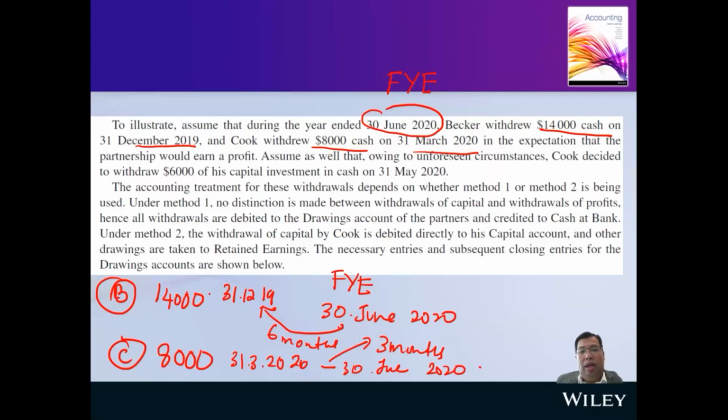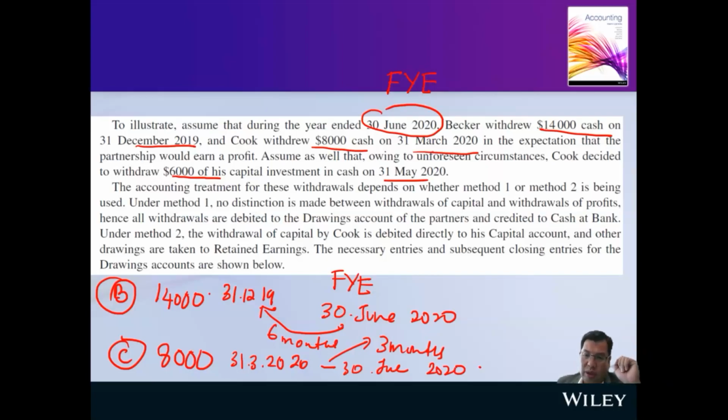Assume as well that owing to unforeseen circumstances, Cook decided to withdraw 6,000 of his capital. He wants to take out his capital in cash on 31st May 2020. So this is a withdrawal of capital of 6,000 by Cook. The accounting treatment depends on whether method 1 or method 2 is being used.